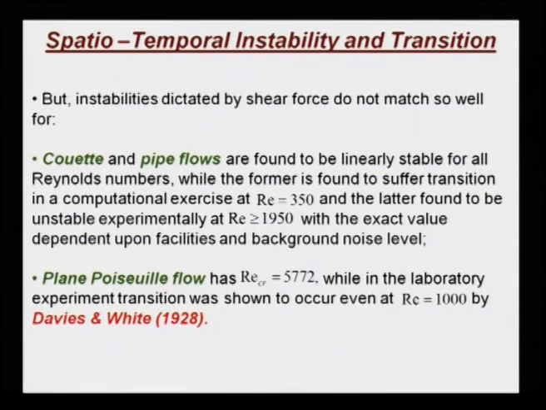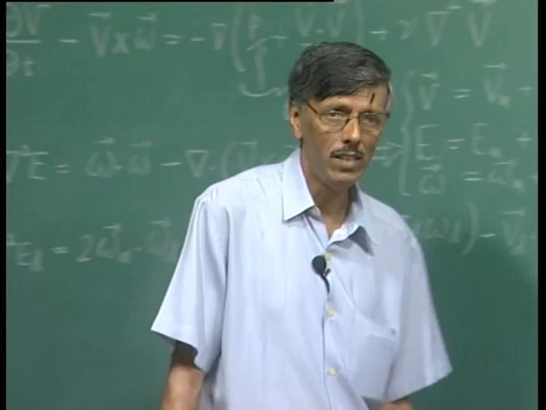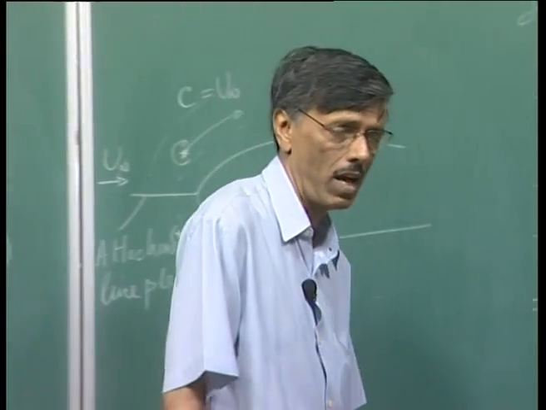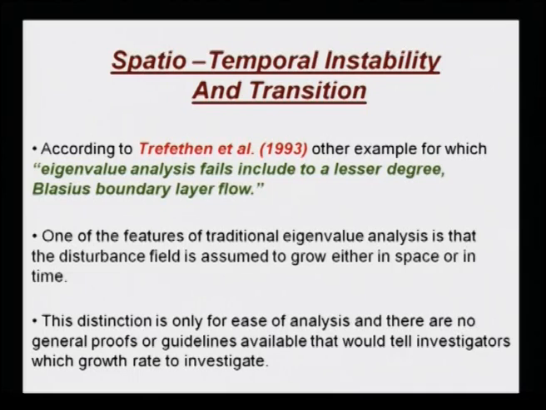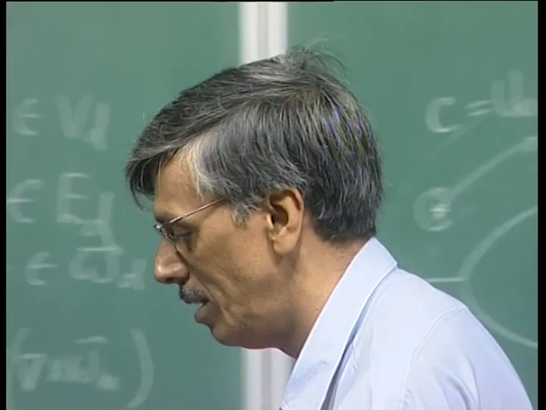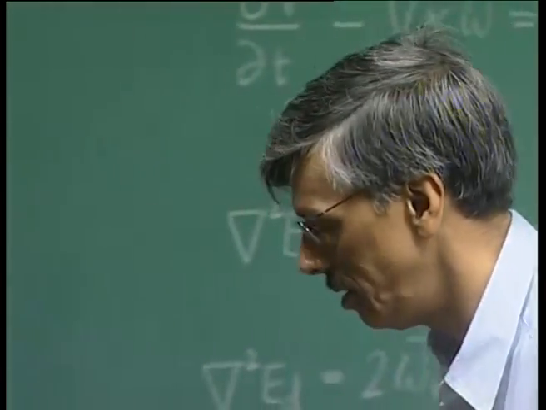Whereas the lab experiment reported by Davies and White in this Royal Society paper in 1928 clearly established that you could actually have transition as low as 1000.